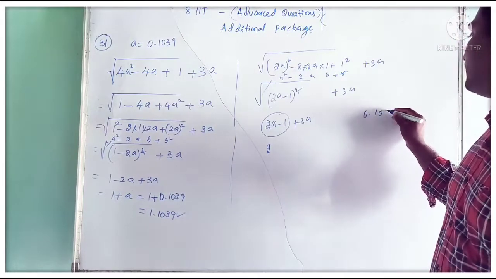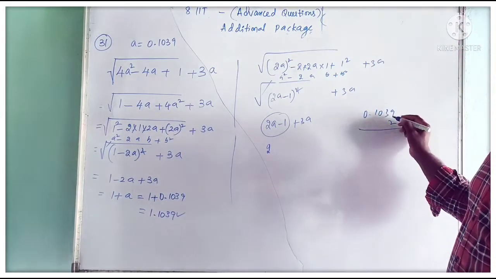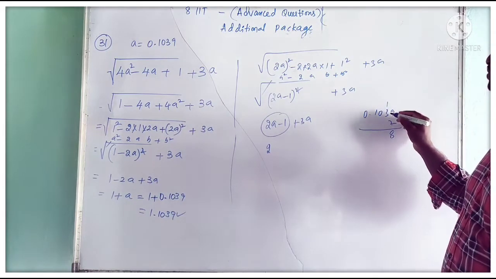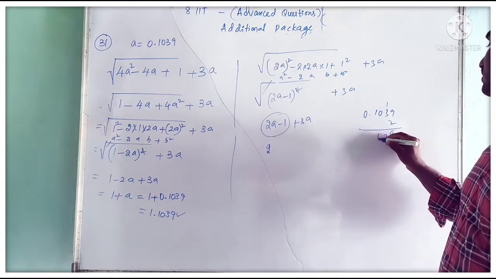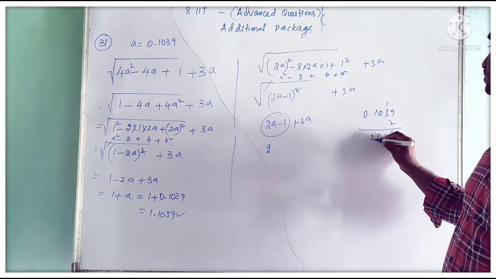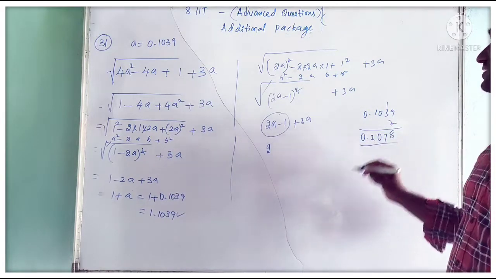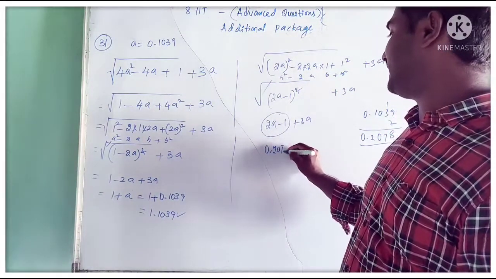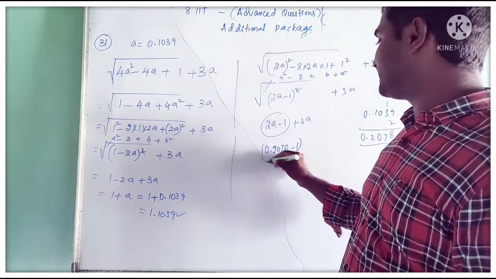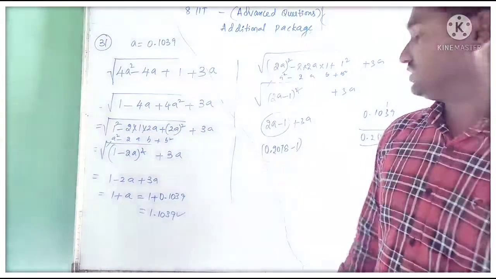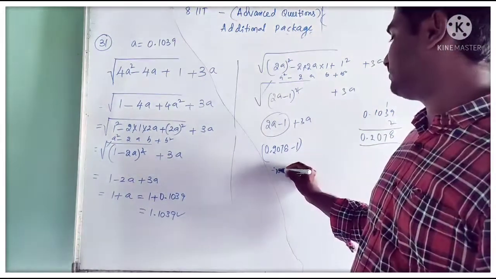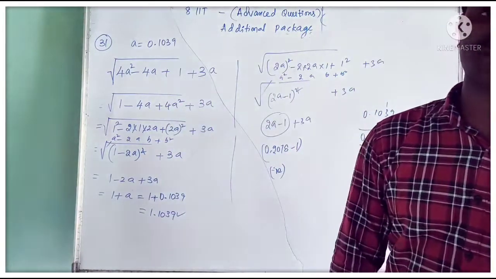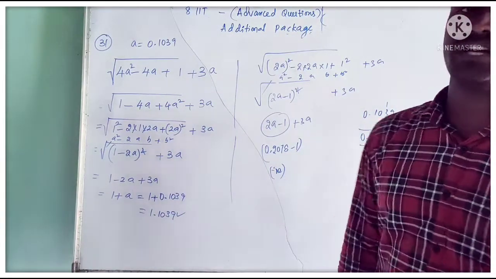0.1039 into 2 into 2, you will do. 2 into 8, 2 into 9, 18, 2 3s are 6, 7, 2 into 0, 0, 2 1s are 2. So 0.2078. 0.2078 minus 1, will you get a negative value or a positive value? You will get a negative. But the square root of any positive value must be positive, and what we got here is negative.